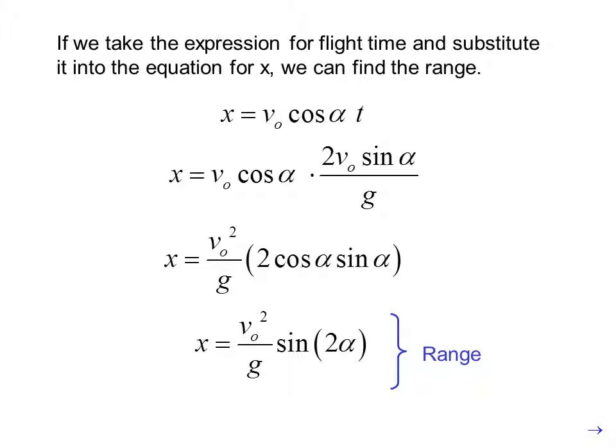We recognize this trig identity and simplify to x equals v sub 0 squared over g times sine 2 alpha. This gives us the formula for the range.